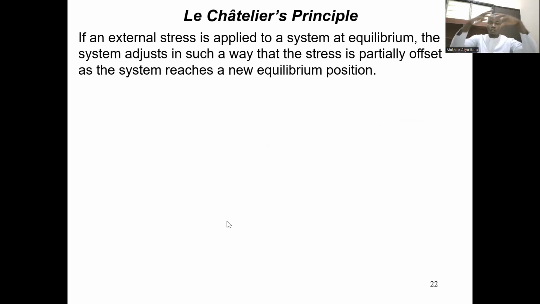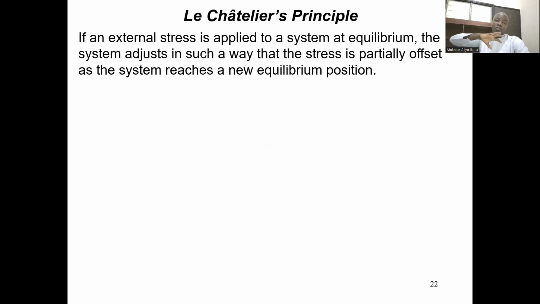So whenever you have a system that is at equilibrium and something is adjusted, the system will offset the stress and then reach a new equilibrium state. Remember, in everything in life, we want to achieve a balance.